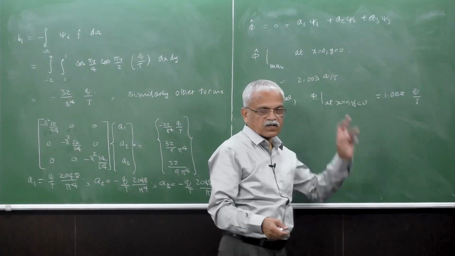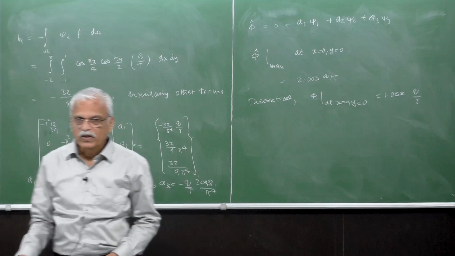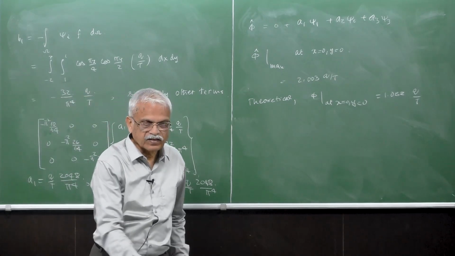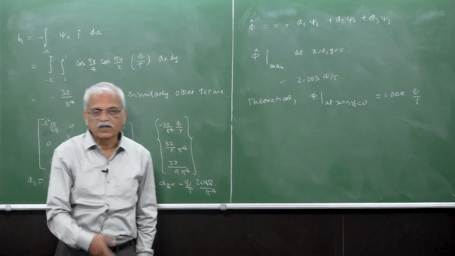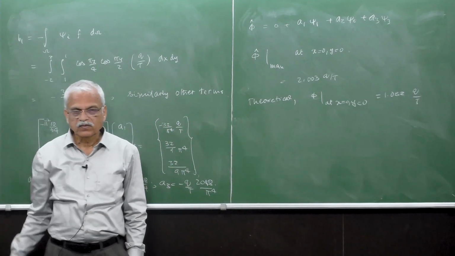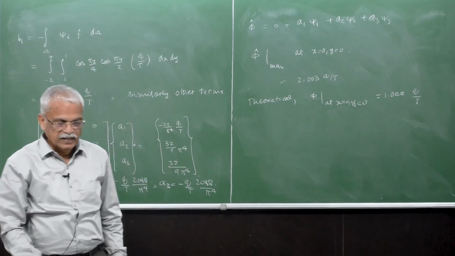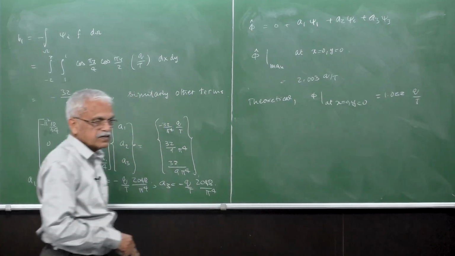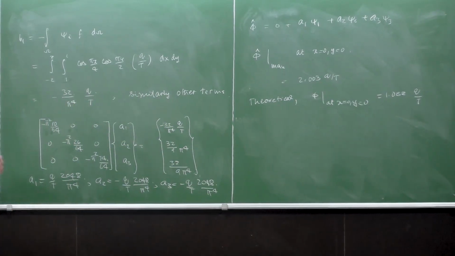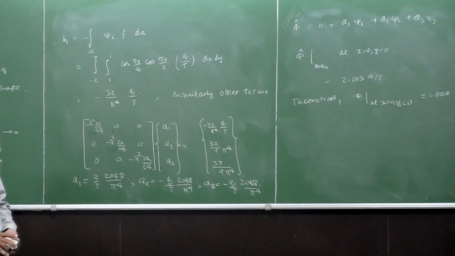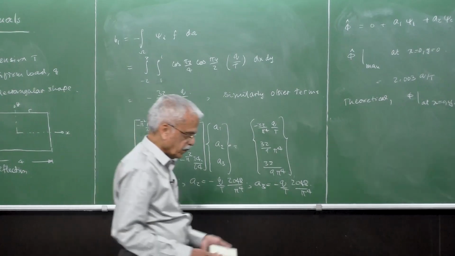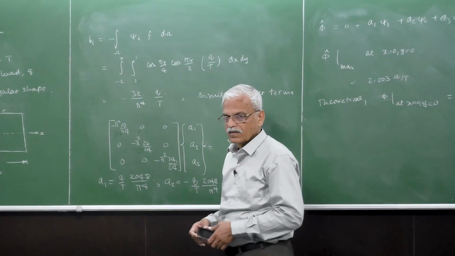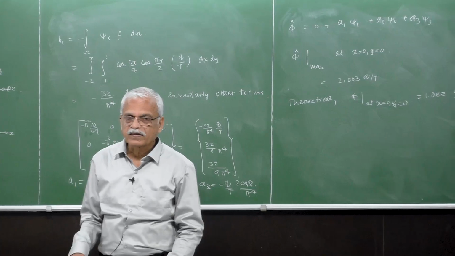So obviously there's a lot of difference between these two, and this approximation is very crude in that sense. Unless you take many more terms, the solution will not be good enough. Okay, so this has been taken just to illustrate the method of weighted residuals, wherein we have taken a rectangular domain, and the set of trial functions are trigonometric functions.